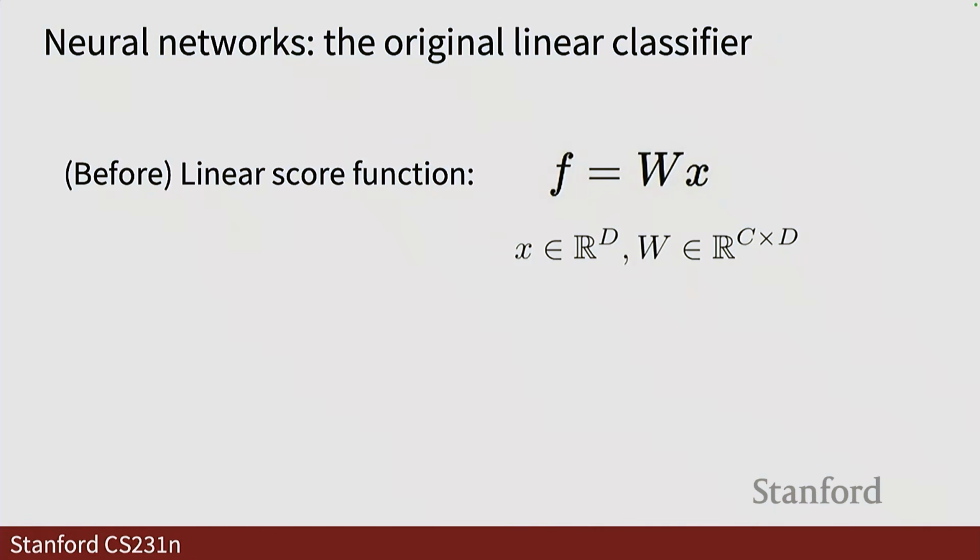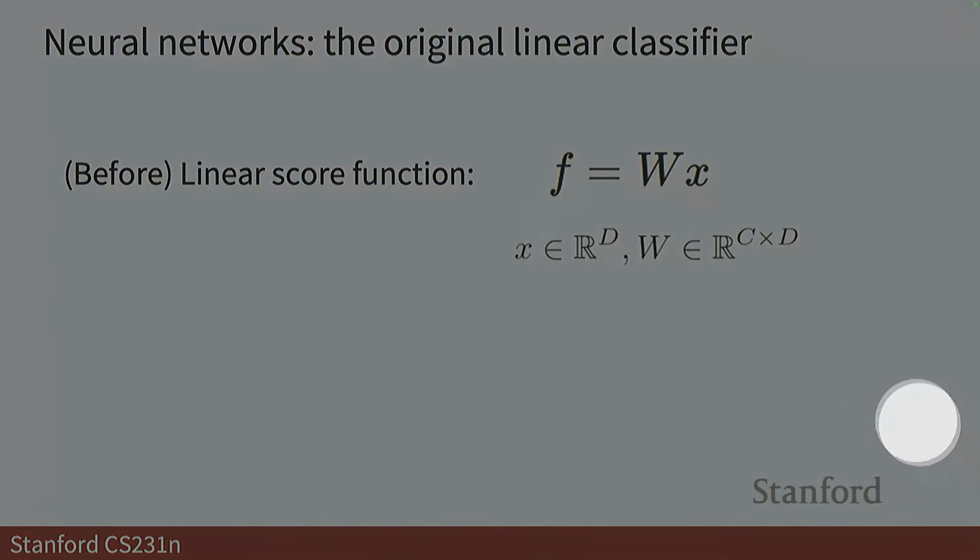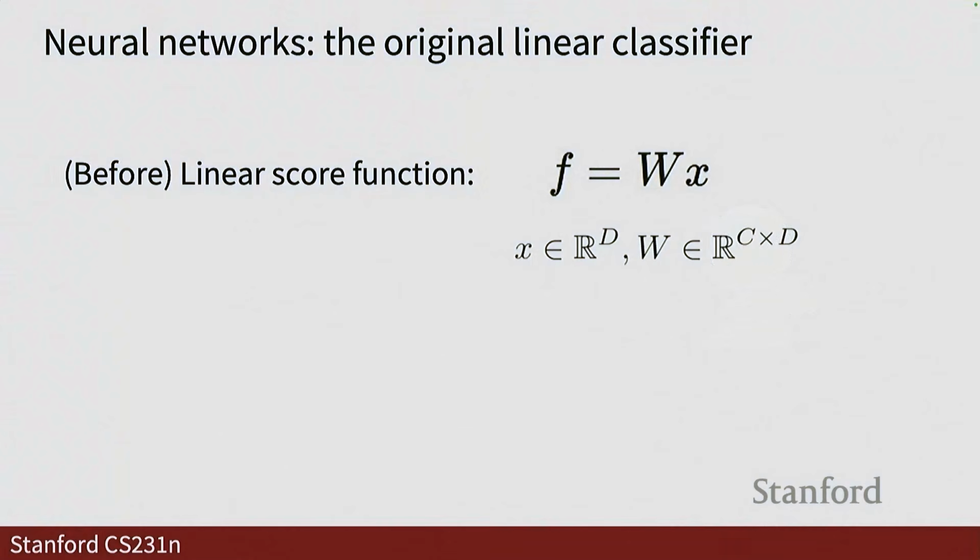And what I want you to pay attention to here are these dimensions D and C, which are the dimensionality of the input data, input X, or the number of features, and C is the number of classes, basically the number of output nodes or neurons, whatever number of outputs we need.